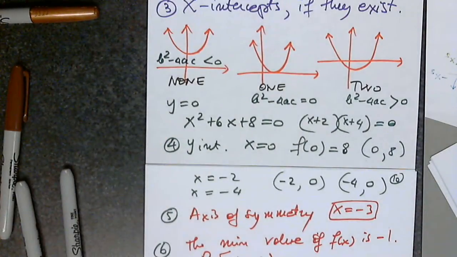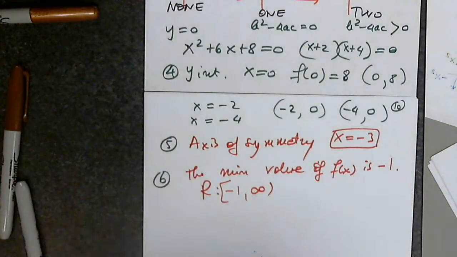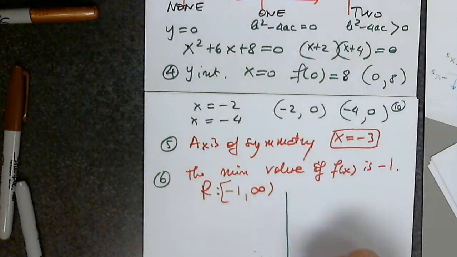Now, the information that we obtained for this function took us like 10 minutes. It's normally going to take us 2 minutes, but it was the first function. So let's graph it now. I have to start with a vertex. That is a must. So -3, -1.